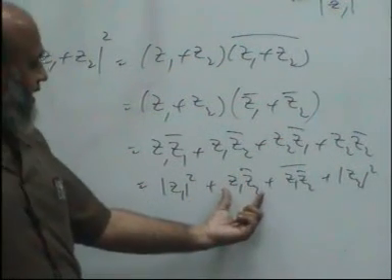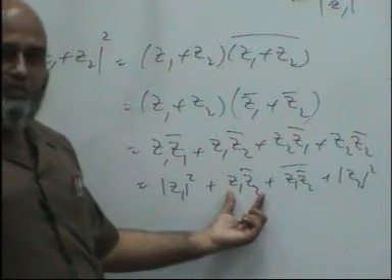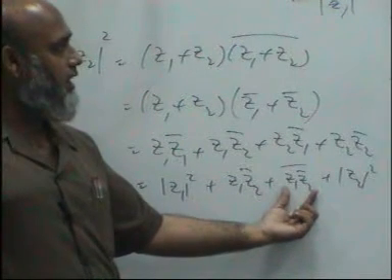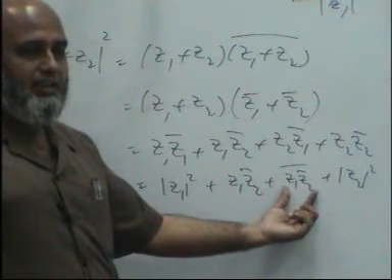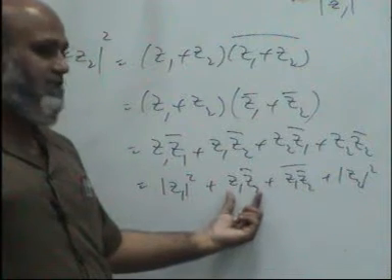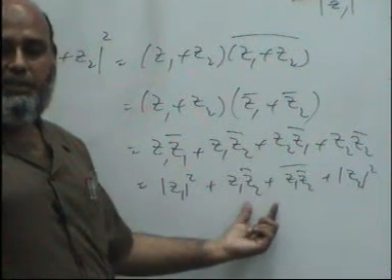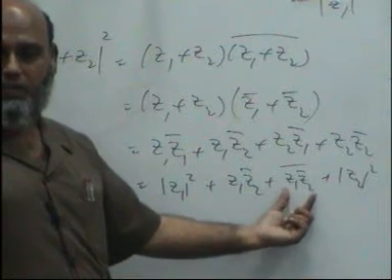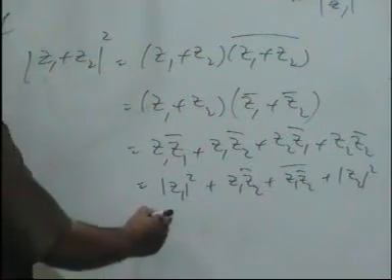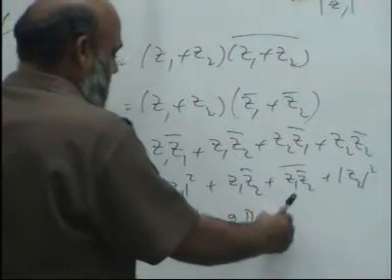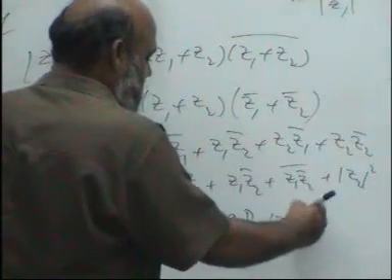If you consider this one as a complex number and this as its conjugate, then using the property that a complex number added to its conjugate gives twice the real part of the complex number, this is equal to twice real of z1 z2 conjugate.